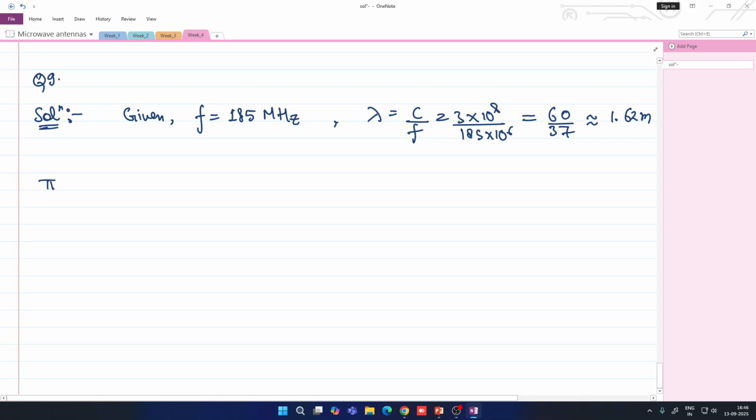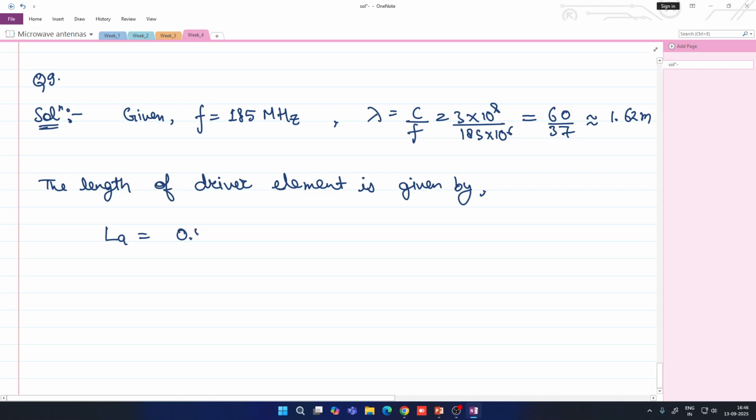The length of the driver element, LA, is given by 0.45 lambda.